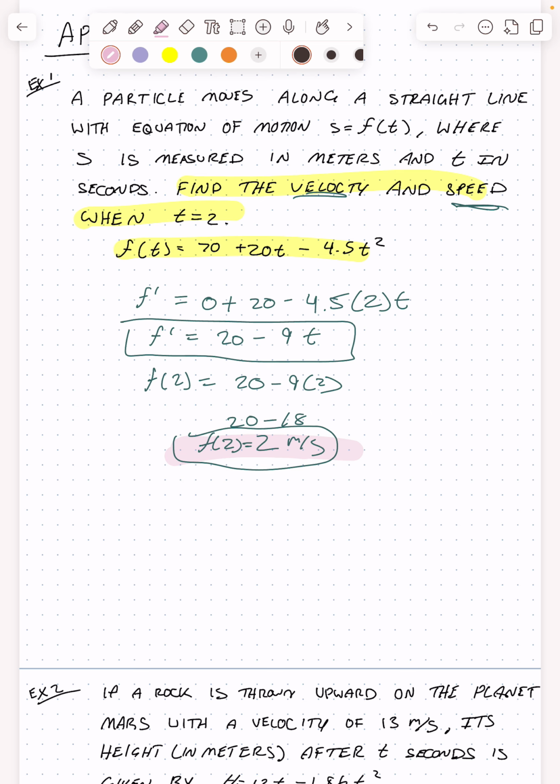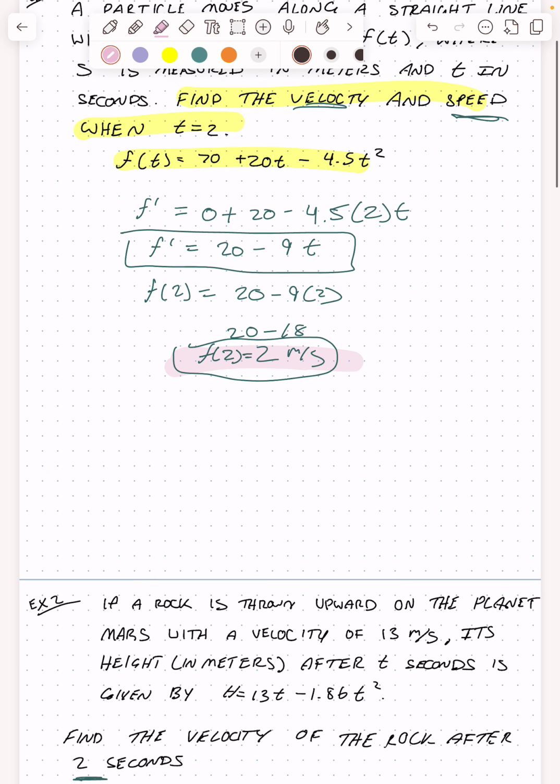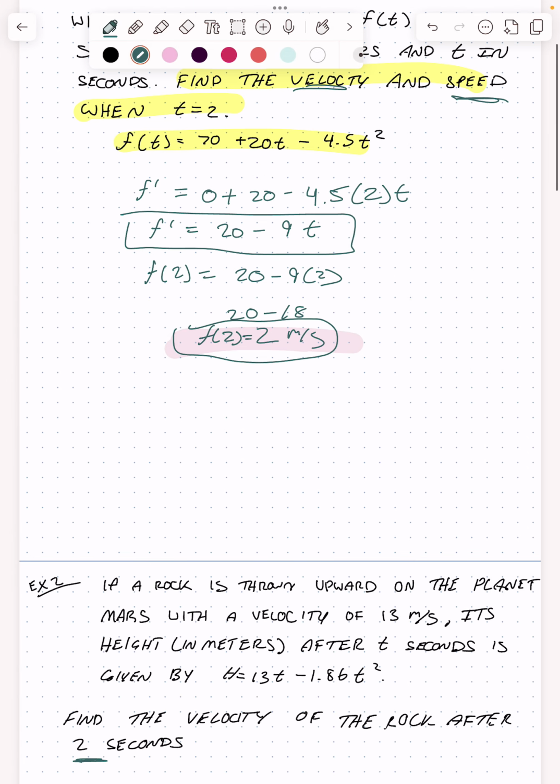I'm going to make sure I write our answers. We'll highlight our answers in pink, so that we don't get any type of confusion. So now we're going to find the speed. For this specific problem, we are trying to find the velocity and speed at the same time, which is 2. So the speed is the absolute value of the velocity that we found at that time.